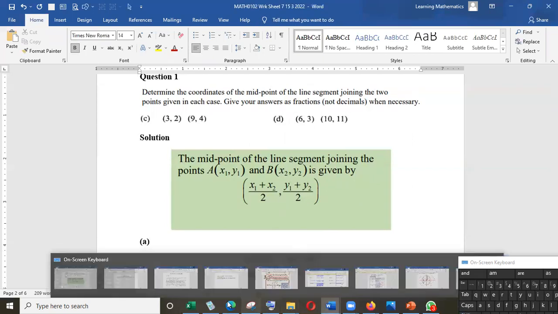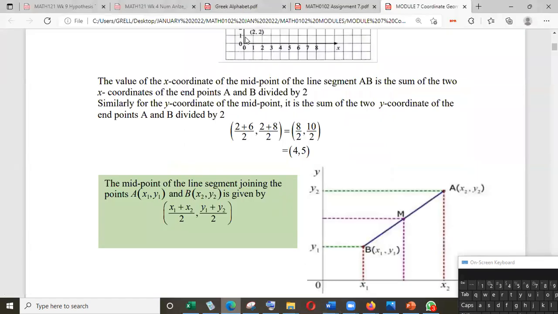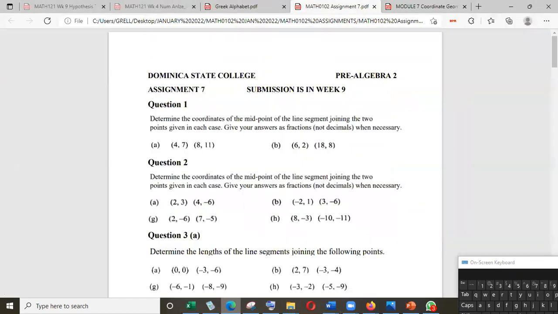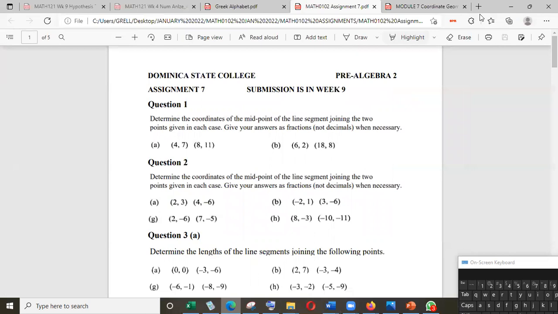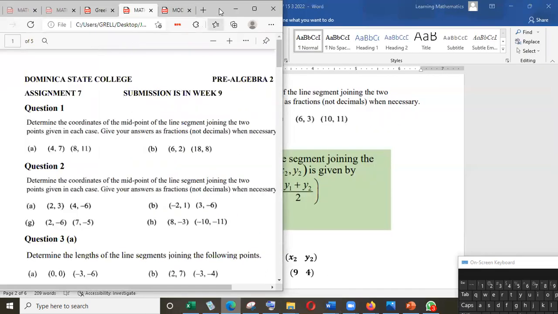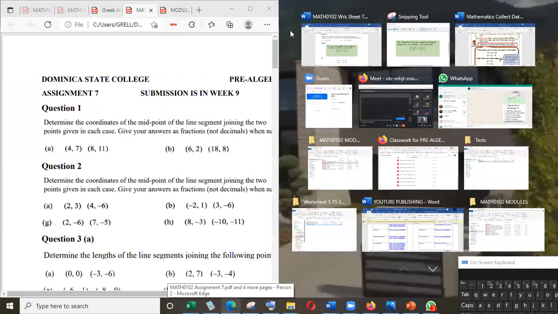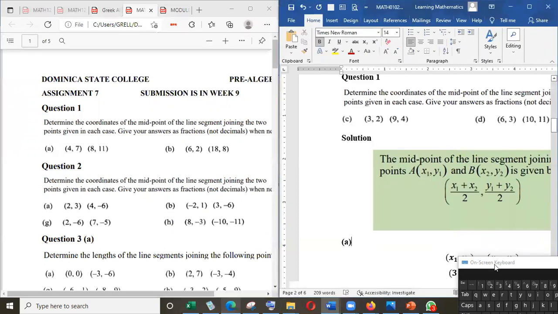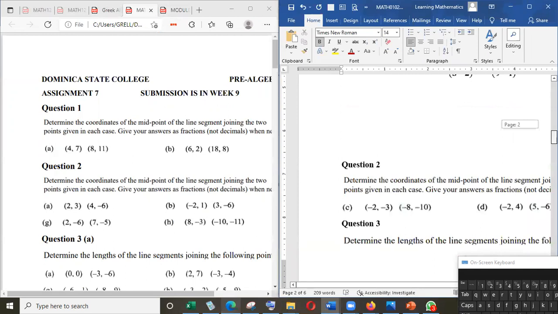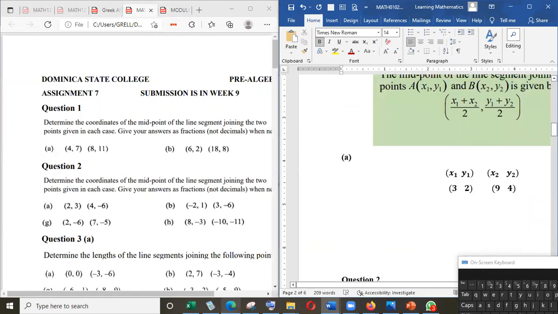So please apply this now to question number 1 in the assignment, where I have 3 and 2, 9 and 4.